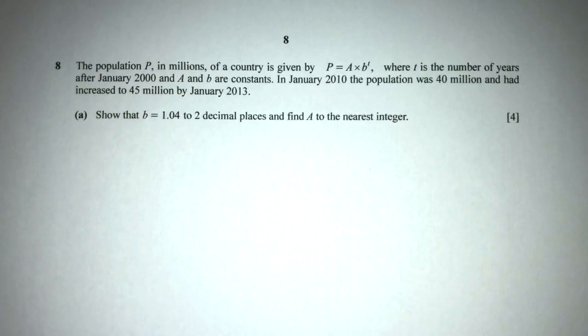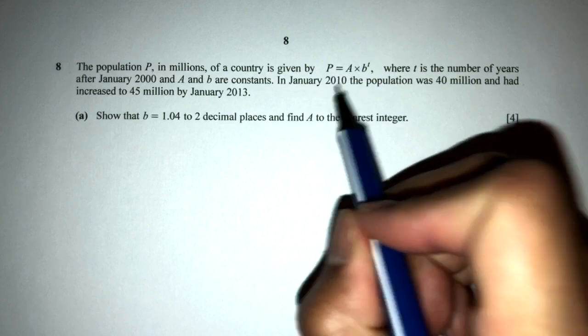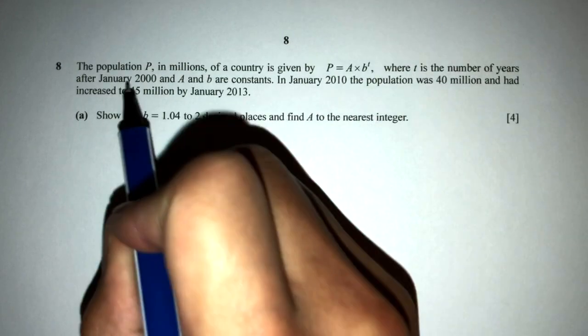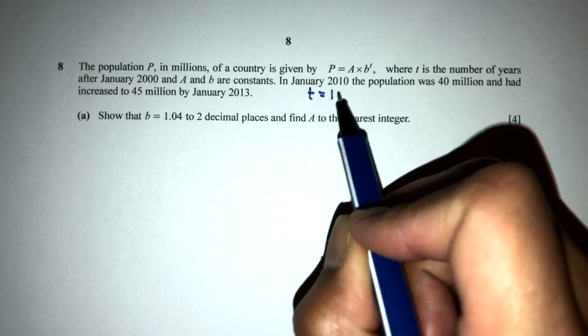Now, let's move on to question number 8. The population P in millions of a country is given by this equation, where P is population, P equals A times B to the power T, where t is the number of years after January 2000, and A and B are constants. In January 2010, as you can see, what does that mean? t is the number of years after this, so in 2010, t is equal to 10.